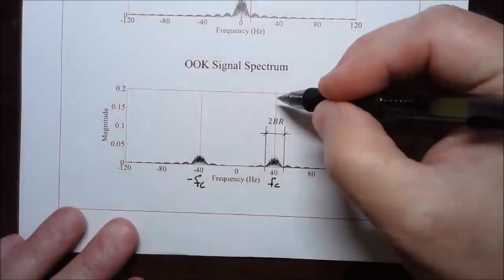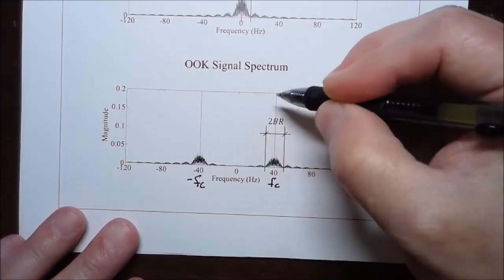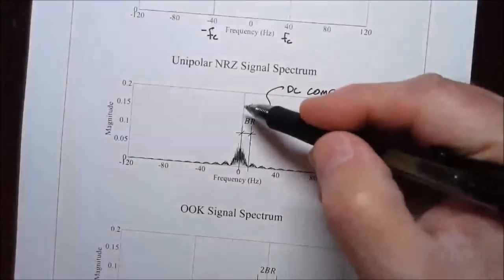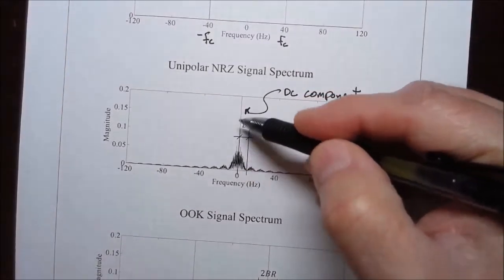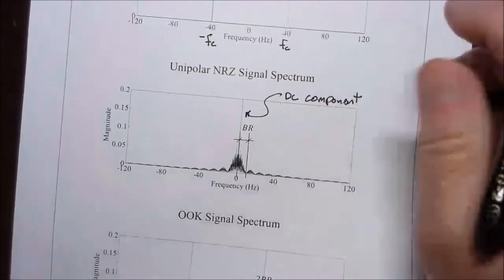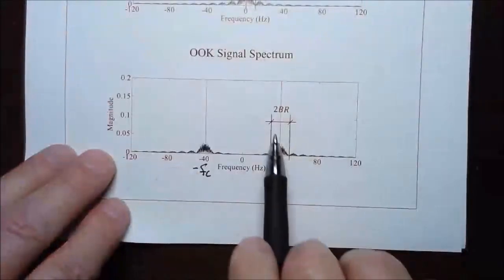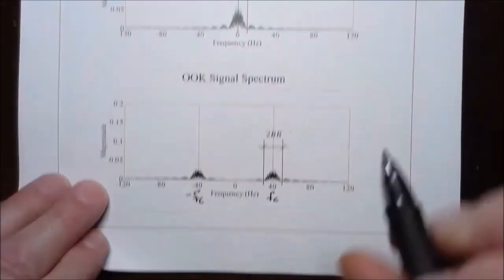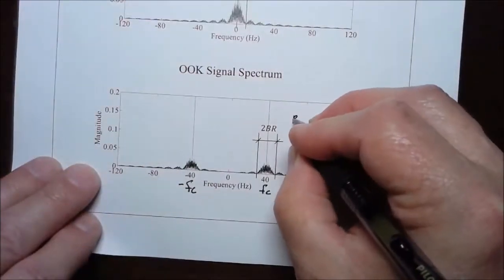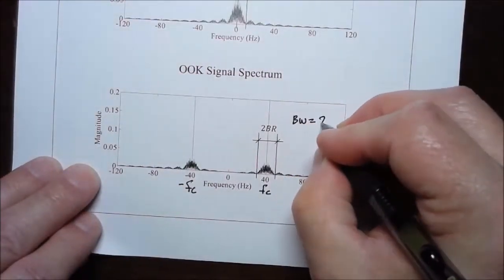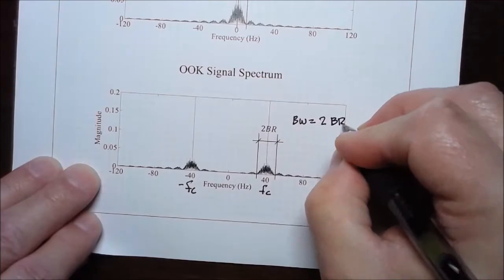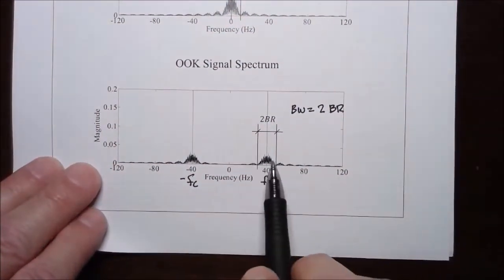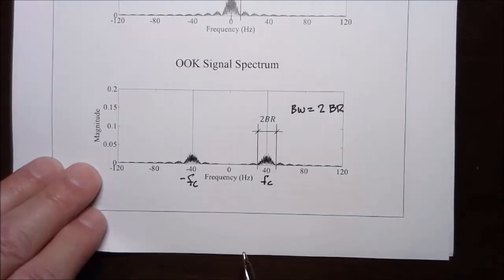It's got a strong component at the carrier frequency because the baseband signal has a strong component at 0, and that gets shifted and centered at the carrier frequency. And the bandwidth of the modulated signal is equal to twice the bit rate of the digital signal. That's the bandwidth between the first nulls.